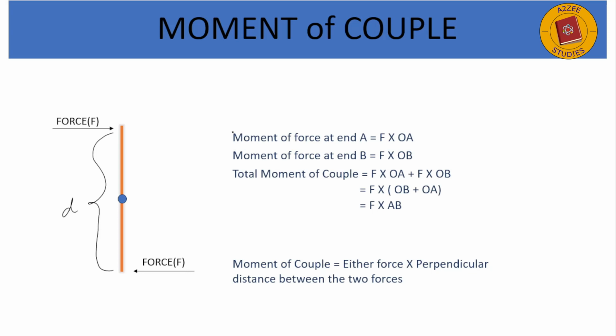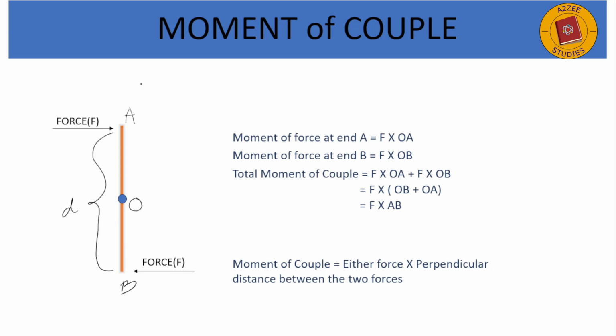So if we just do a quick derivation, moment of force at end A, and if we take this point as O, moment of force at end A is equal to F into OA, right? And moment of force at end B is equal to F into OB.